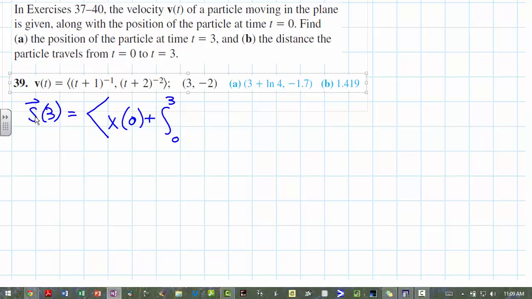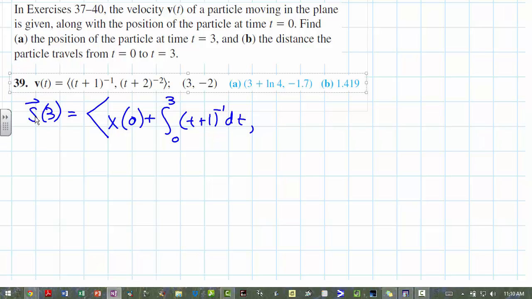And that displacement happens as an integral from 0 to 3 of the x component of the velocity vector. So that's going to be (t plus 1) to the negative 1 dt. And that takes care of the x portion of the position.